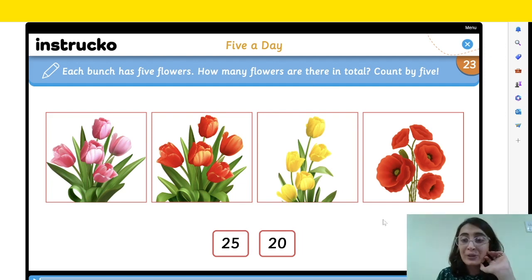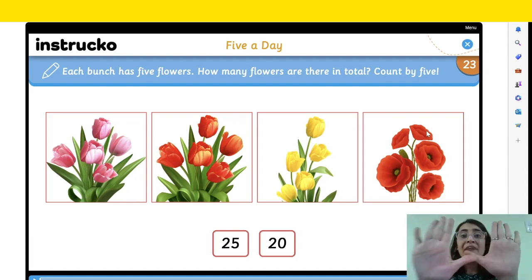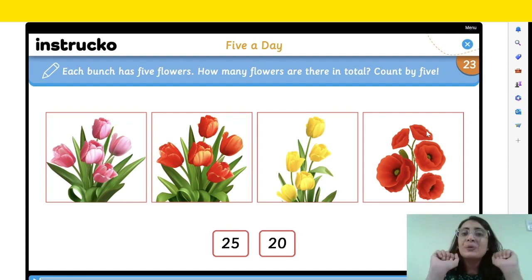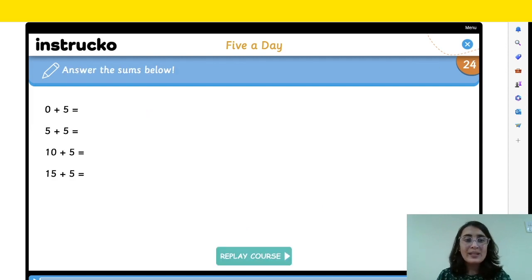So this makes my total 20. See, 5 plus 5 is 10, right? Then again 10 plus 5 is 15 and 15 plus 5 is 20. So how many flowers are there in total? 20 flowers. Correct. So my answer is 20. Now let's move to the last activity of this chapter.